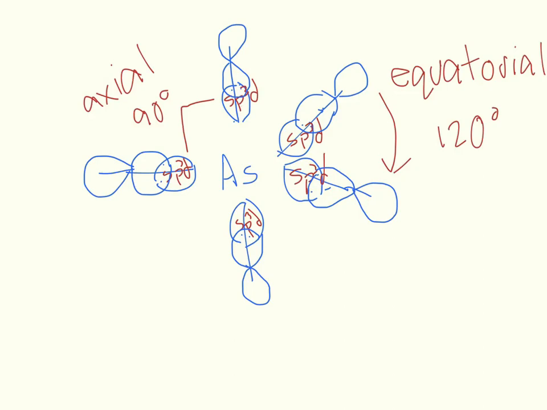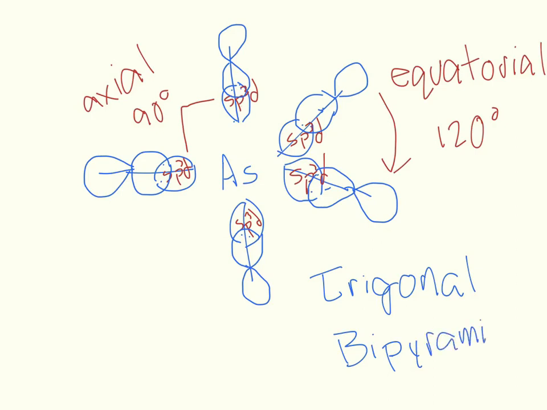Now we have to label the shape of this, which is trigonal bipyramidal. Also, we have to label iodine, which is located right here in the nucleus. So I.